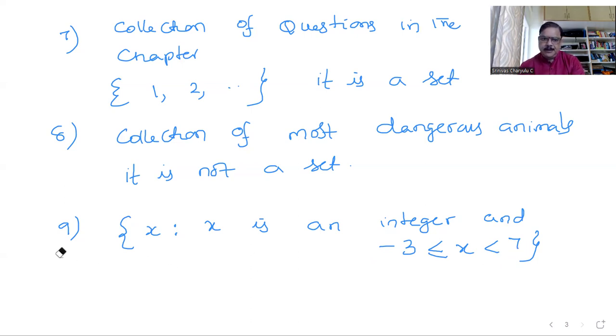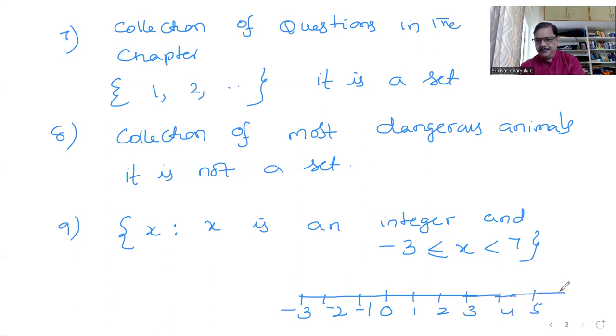So definitely in the number line, if you remember, you are having a number line, very familiar, I think. This is 0, -3, -2, -1, 1, 2, 3, 4, 5, 6, 7.